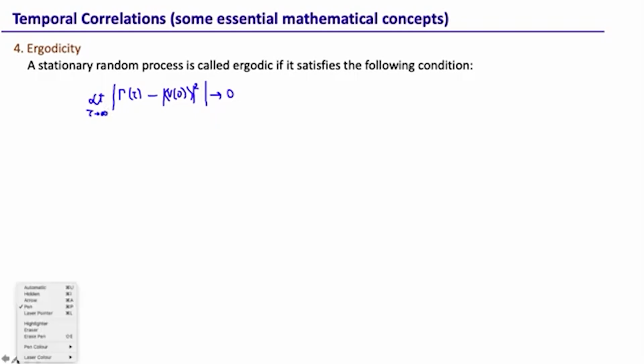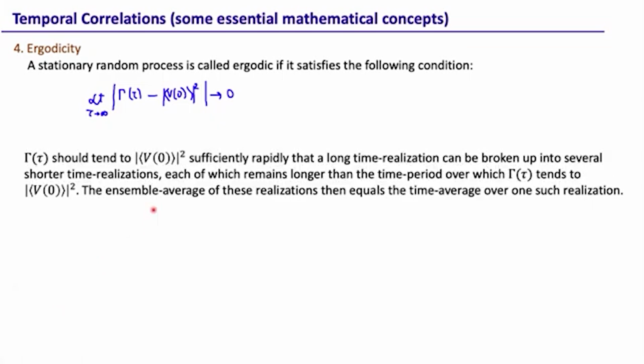It looks a little complicated, but what it essentially means is the following: this correlation gamma of tau should tend to this quantity, and that should happen sufficiently rapidly such that if you take the random signal for a very long time, that long time realization can be broken up into several shorter time realizations.